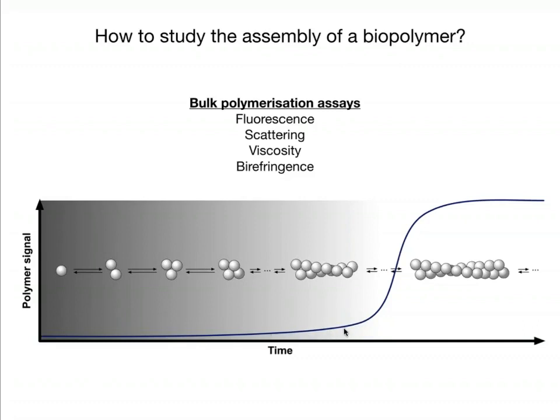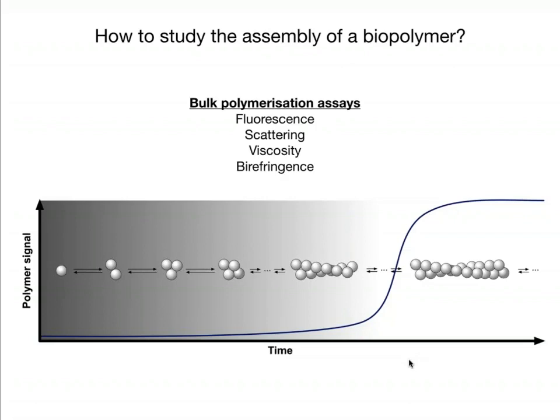Then, as an appropriate amount of nuclei have been formed, the reaction speeds up and you get more filaments, up until a point where the depolymerization and polymerization rates become equal, and then you reach a steady state where you don't get any net growth.